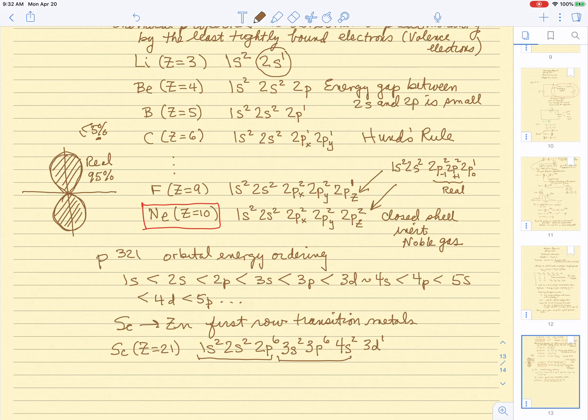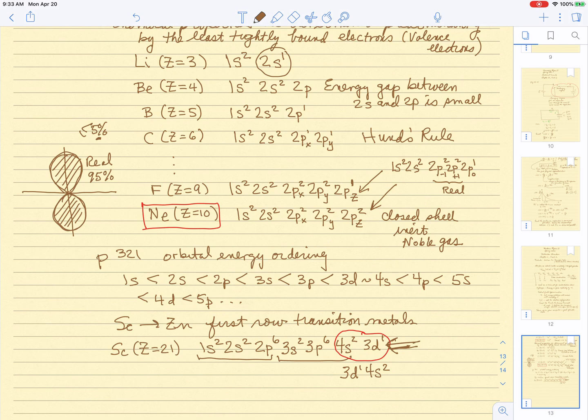Remember that the energy of these last two orbitals is very, very close. And so your book actually writes this as 3d1, 4s2. And I think most chemistry texts will write the ground state as 4s2, 3d1.